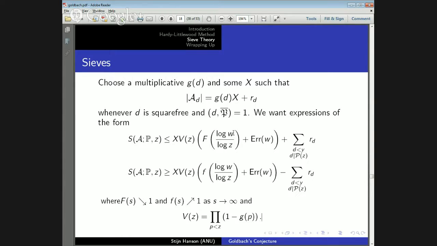And we've also introduced this new variable w. So w is going to be less than z, but it's not going to be overly important because we've got this function, and then we've got this error term involving w, which is going to be small. So w is not overly important, but it's quite useful in some contexts. And the key thing here is that this plus the sum of r_d will hopefully be well behaved. But that's another error term.